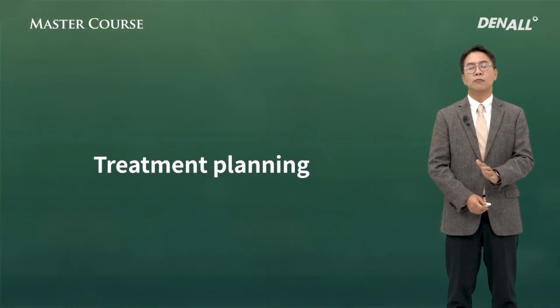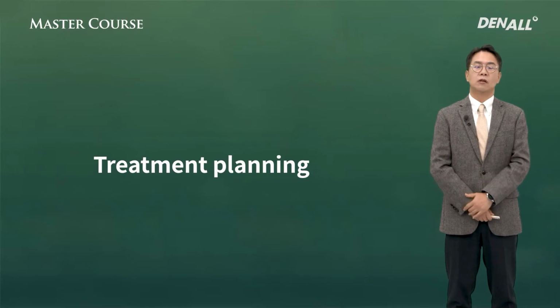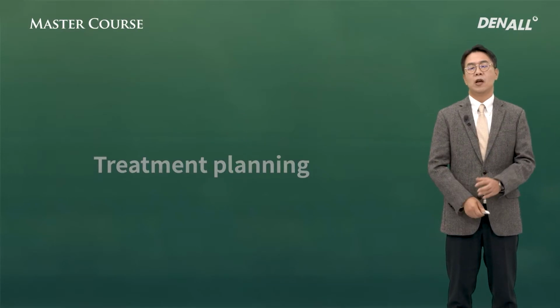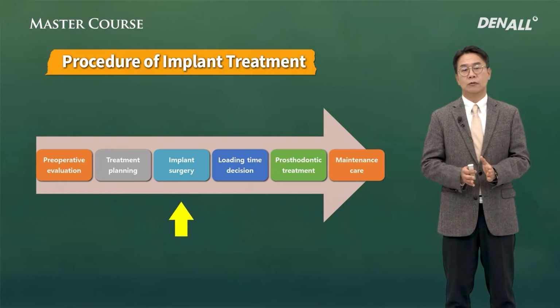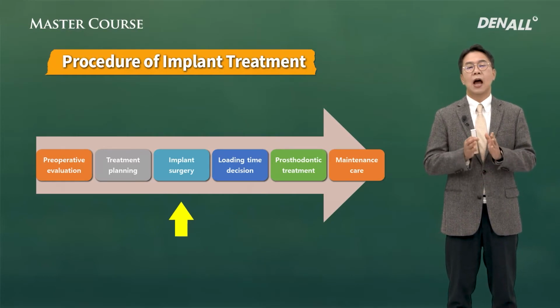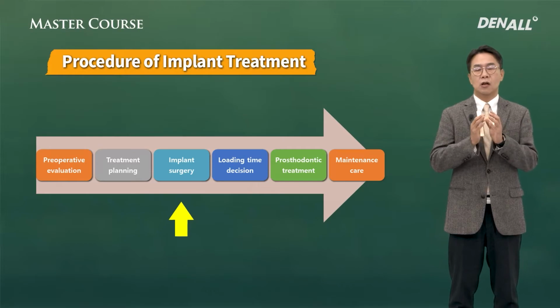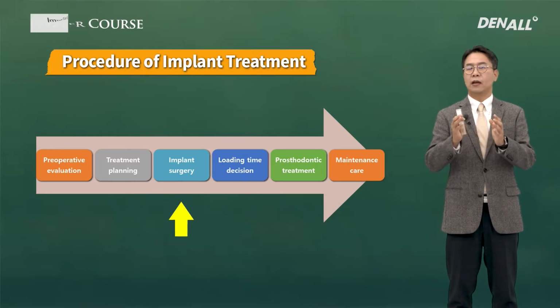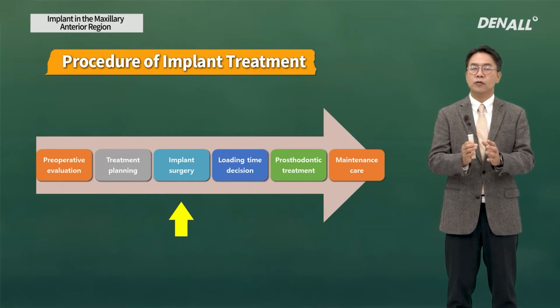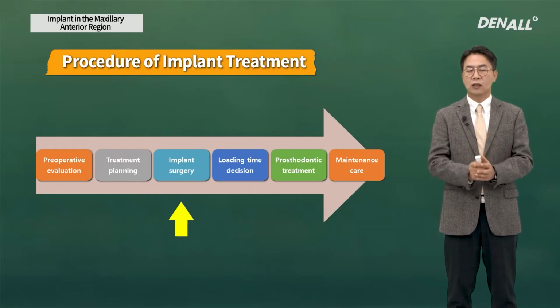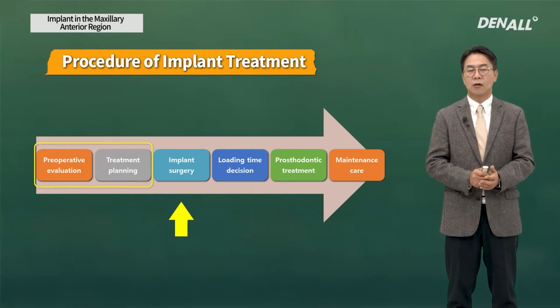So it is very important to establish the treatment plan based on the information, as I said before, rather than just focusing on implant surgery. Aesthetic analysis should be done in advance, and we need to reflect the characteristics of a patient in the treatment plan.